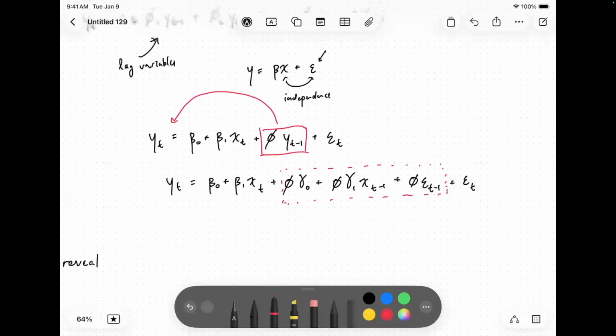And actually, you would also have plus phi squared of y t minus 2 here as well.